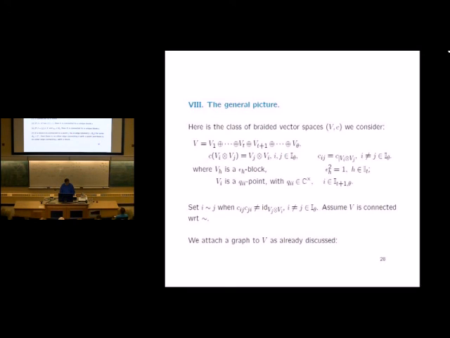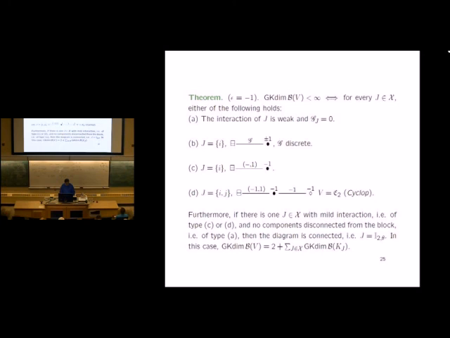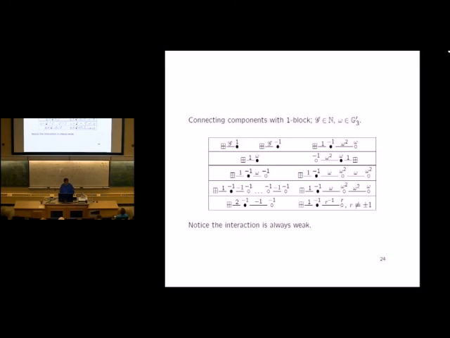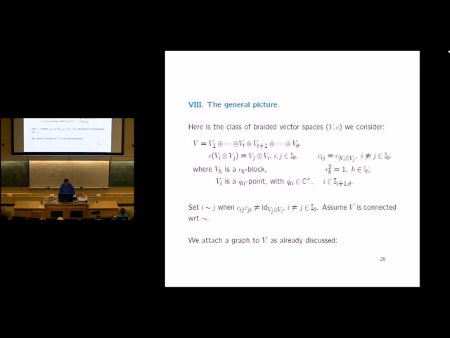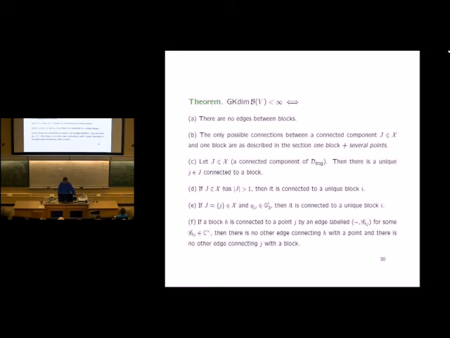So, for instance, like this or like this. For each connected component, only one point of the component is connected to a block. If the connected component has more than one element, it is connected to a unique block.